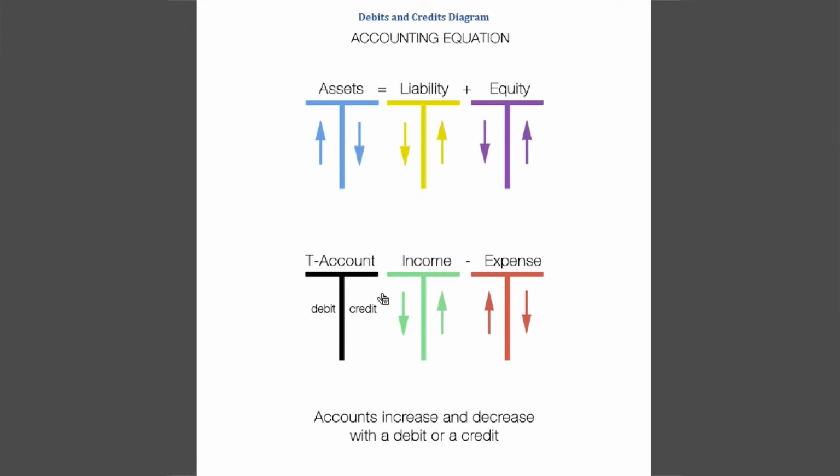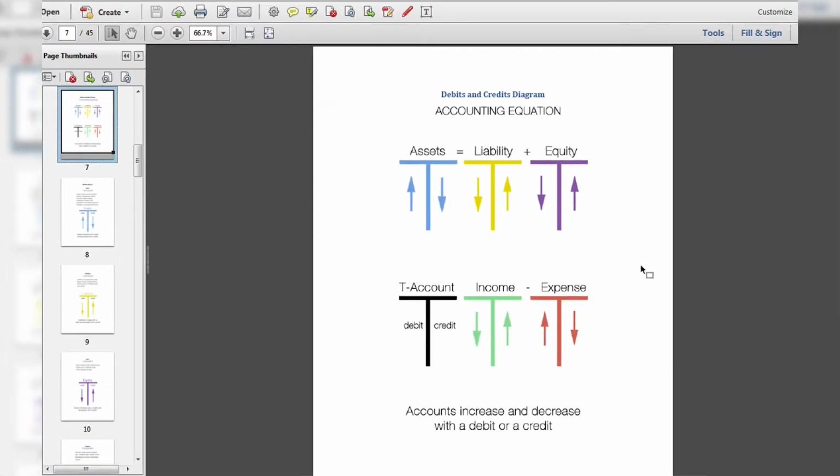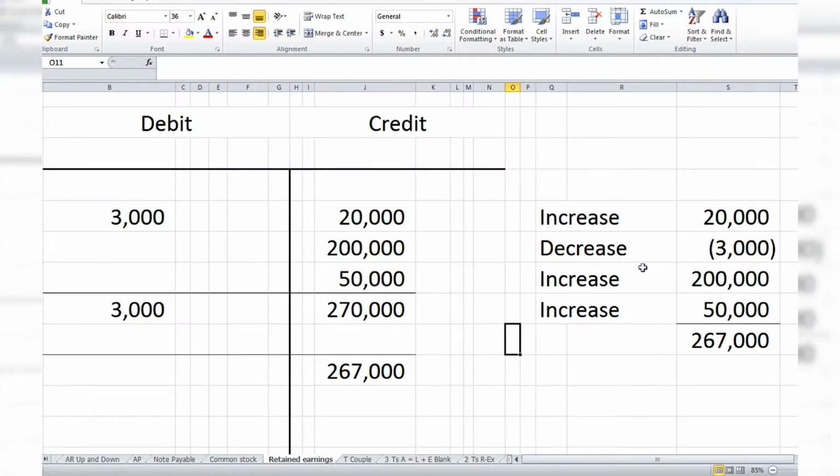Now, the equity account is going to be the result of income minus expense flowing into the retained earnings equity account. Other common equity accounts are common stock and additional paid-in capital.